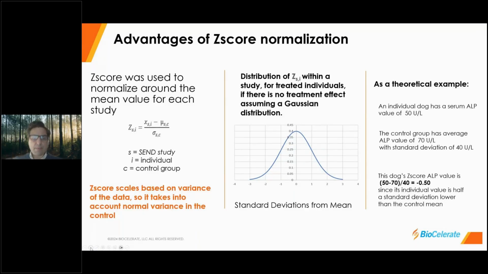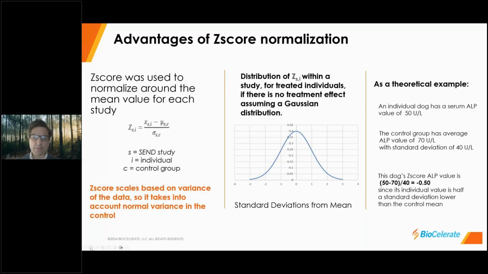So as a theoretical example of how to compute a z-score, let's consider an individual dog that may have a serum ALP value of 50 units per liter. And the control group on that study had an ALP of 70 with a standard deviation of 40.